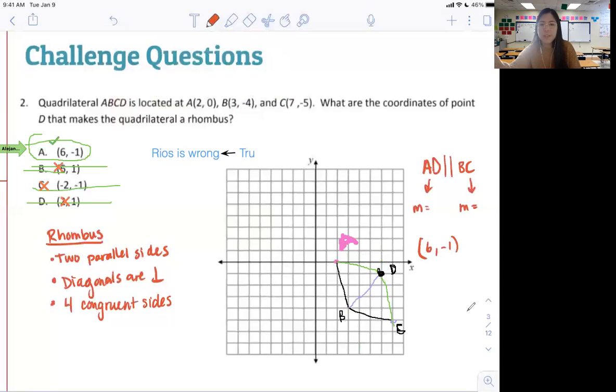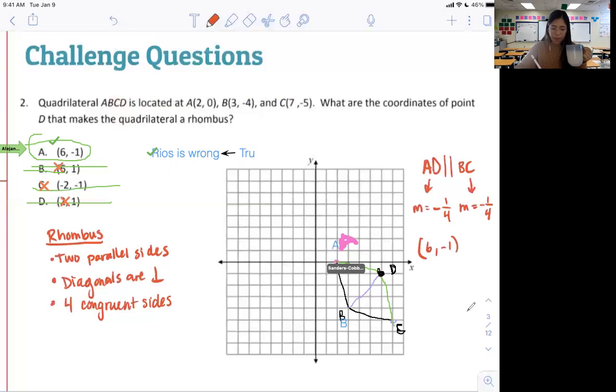Okay, so let's just make sure that our slopes are in fact parallel. So what is the slope for AD? 1/4. Close. -1/4.